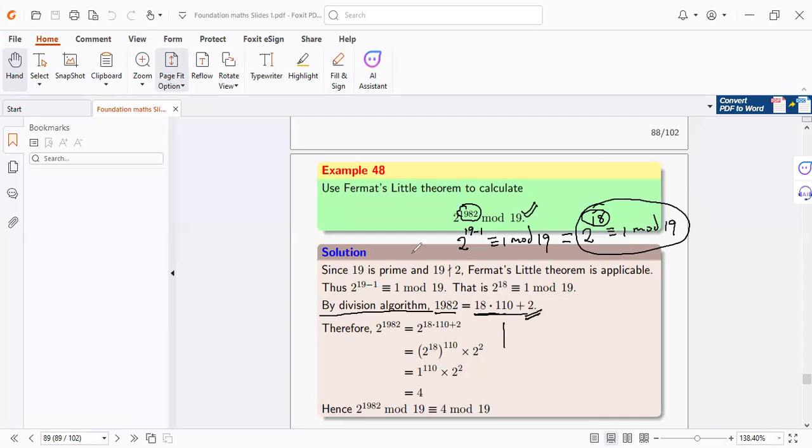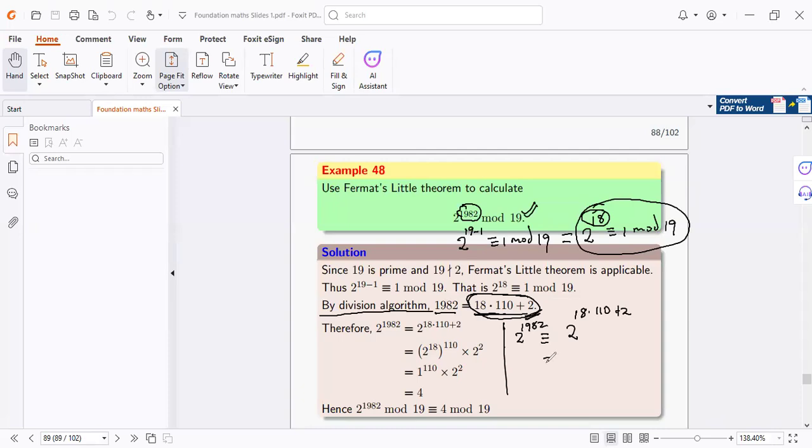What this means is that if I'm asked to write 2 raised to 1982, I can write it as 2 raised to 18 multiplied by 110 plus 2, because that is 1982.